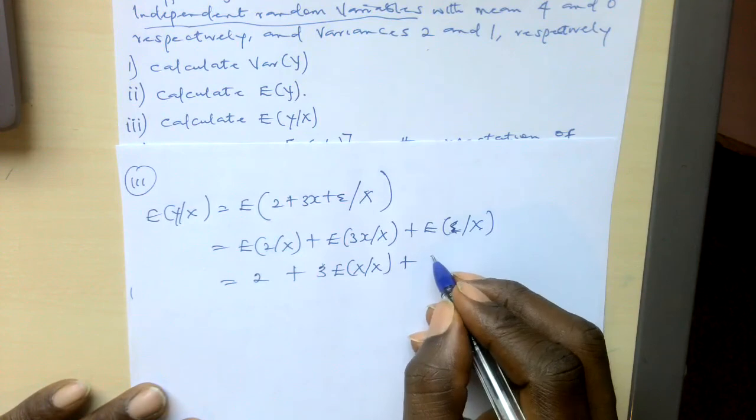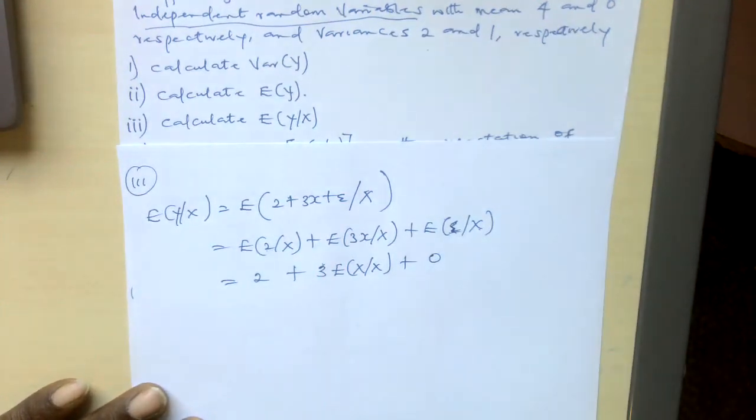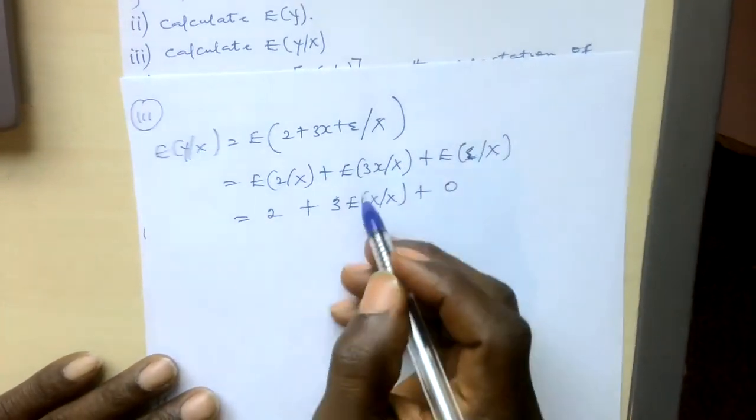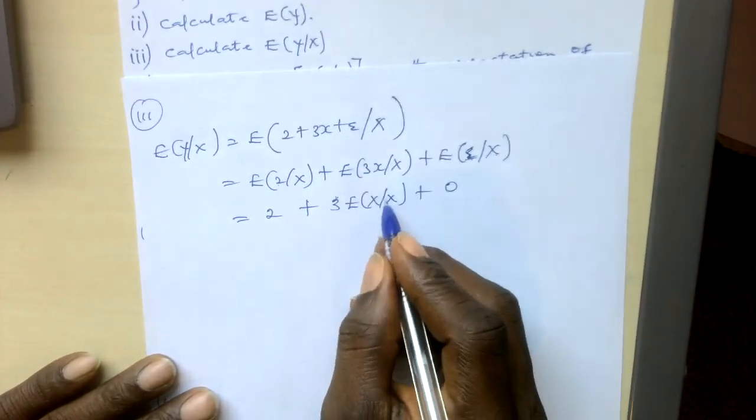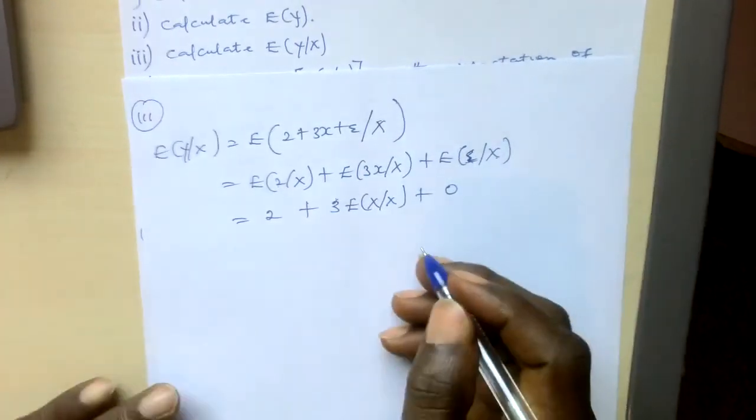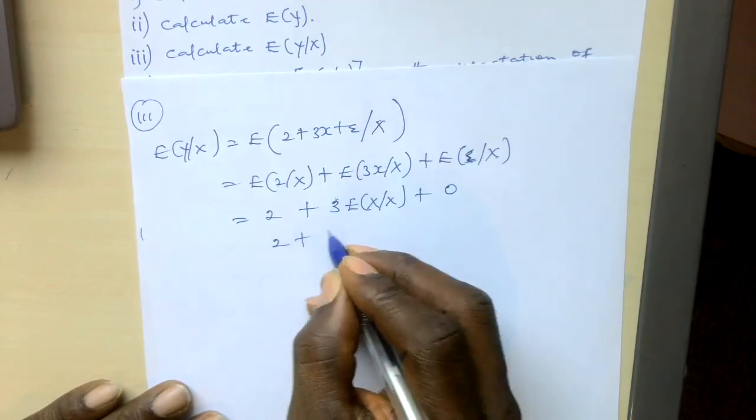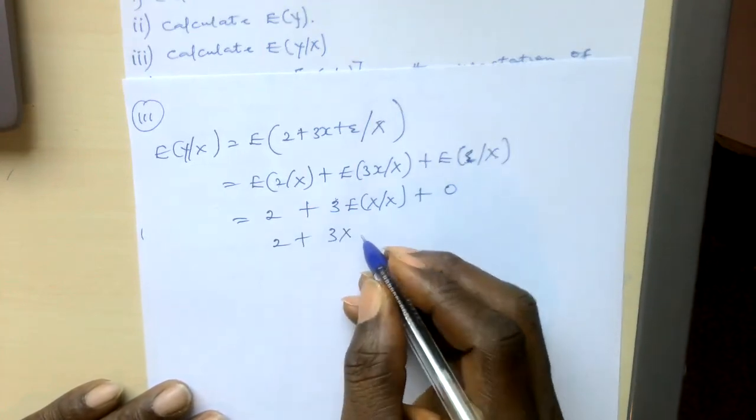So expected value of error given x is 0. So from here, we know E of x given x is x, so we have 2 plus 3x.